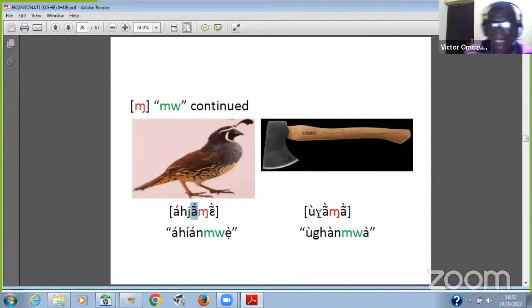Then you have it in Ugama. And you can see the way it is written here. In Ahiame, the AN is the digraph for the A, whereas the mi is MW that nasalizes the E to become an E. So you have Ahiame.